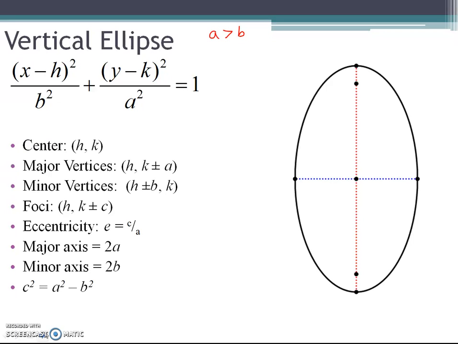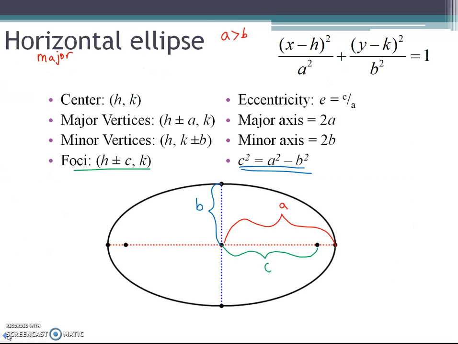Okay, so there are still a few other things that we haven't yet talked about in this set of formulas. We talked about the length of the major axis is 2a, the length of the minor axis is 2b, and then the last thing that we haven't yet spoken about is this whole idea of eccentricity. Eccentricity of an ellipse is basically measuring the off-centeredness.